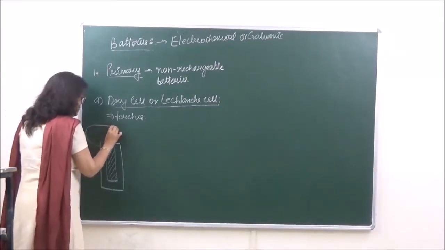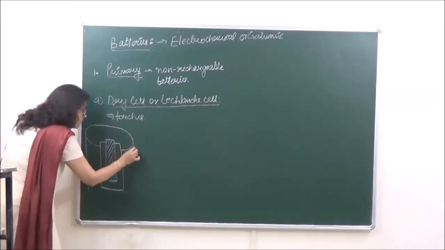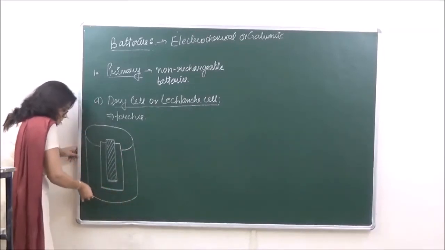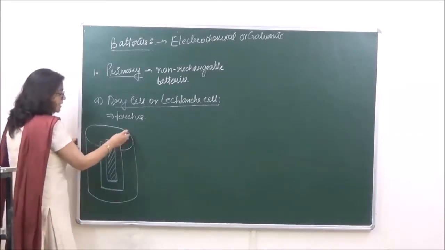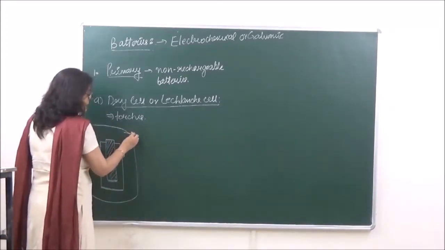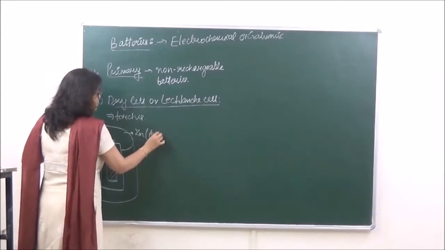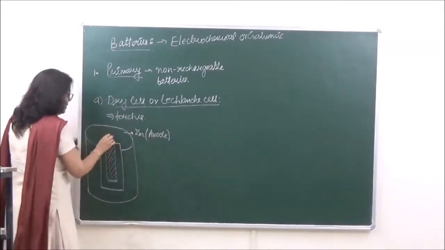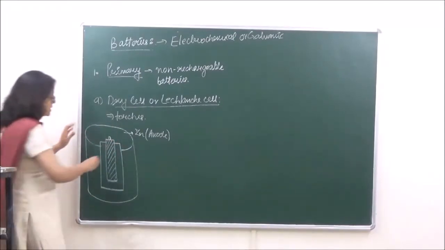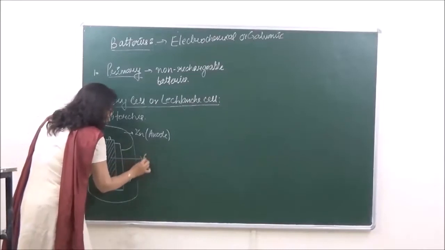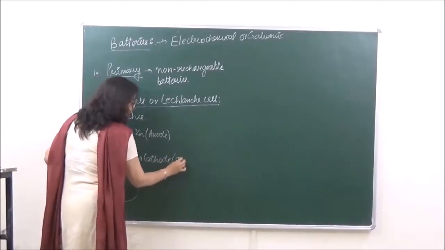Both of these are placed in a cylinder which is made of zinc. Okay, so over here this zinc is going to behave as anode, and over here there is a seal at the top. This is the anode, this is the cathode which is made up of graphite.